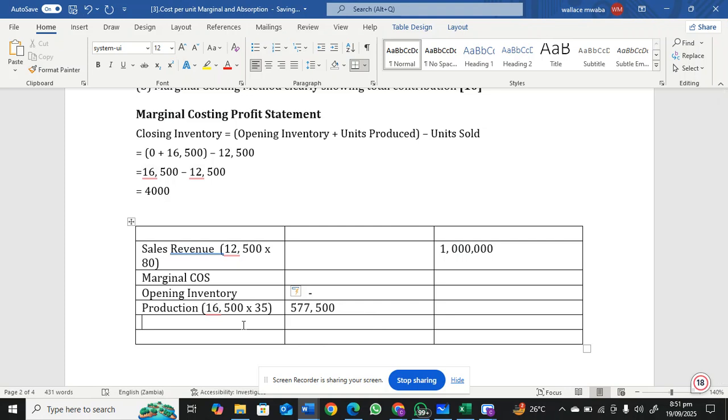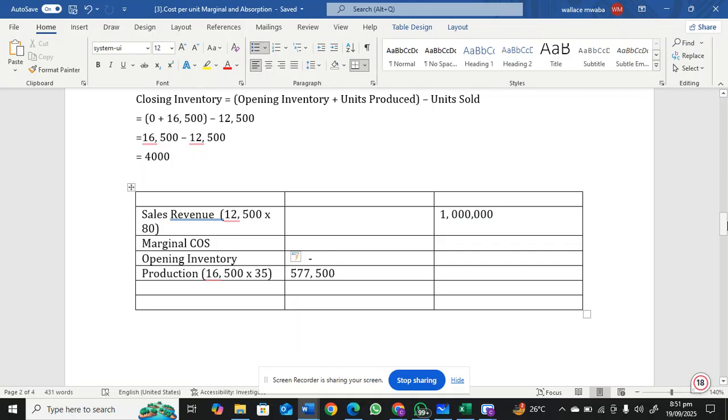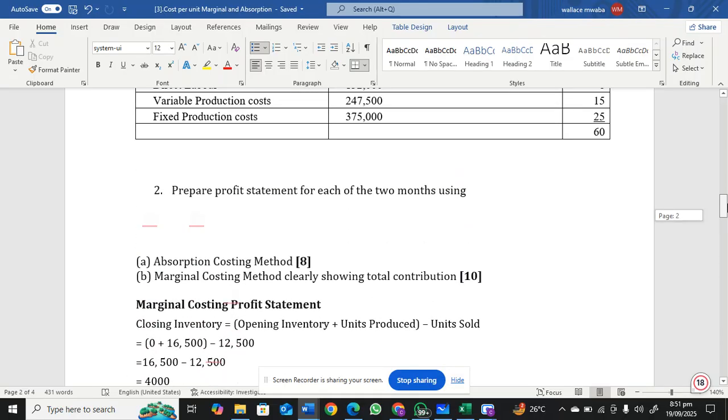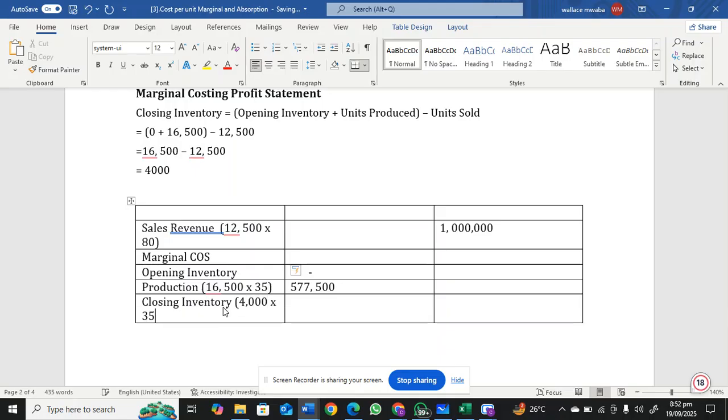Then the next item is our closing inventory. When it's a closing inventory, 4,000 units times 35, right?